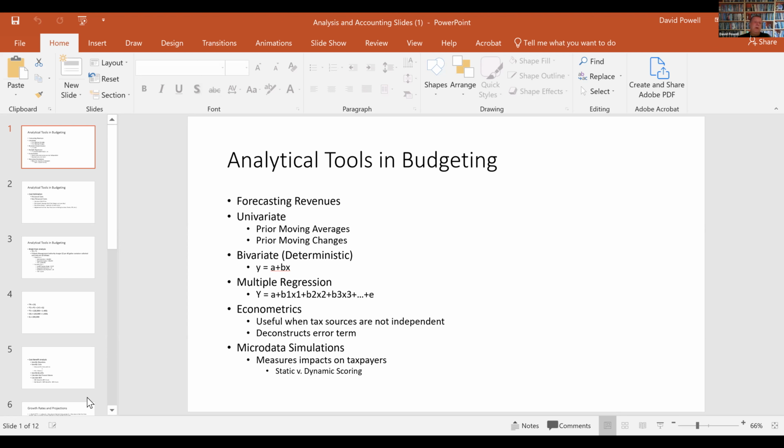The problem with prior moving averages, obviously, is if you have any trend lines in your revenue data. If revenue has been going up or going down, prior moving averages won't take those trends into account. Let's say, for example, you want to use prior moving averages to forecast the price of a home next year. You take the value of the home over the past 3 years and use that to forecast next year's value.